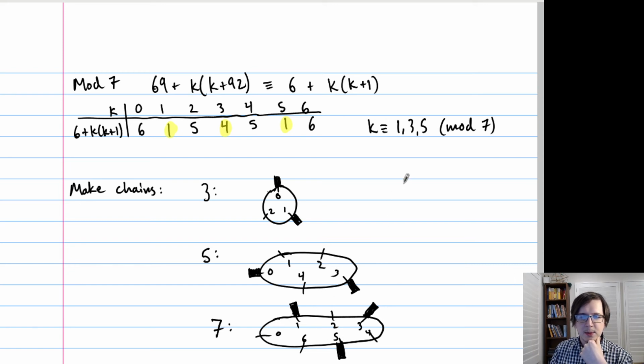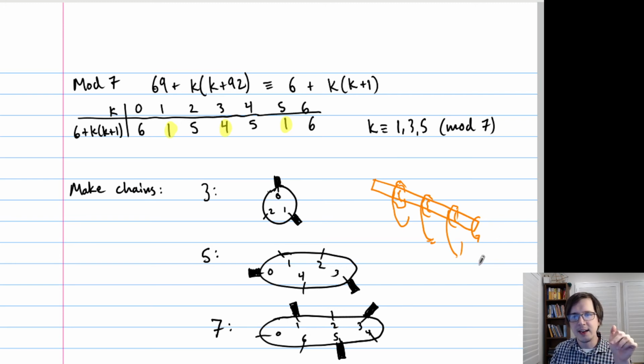So if I put these chains onto some sprockets, so that's a sprocket, sprocket, sprocket, and I put my 3 chain here, and my 5 chain there, and my 7 chain there, and then I turn the machine on, and of course these things have pegs on them, and once all the pegs line up and I have the machine stop, then I can read off a value of k mod 3 times 5 times 7.